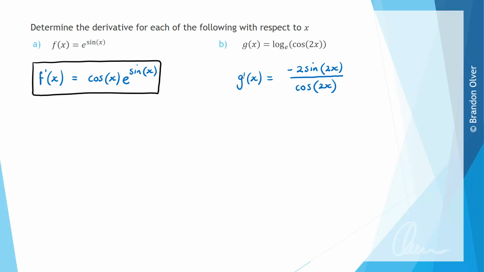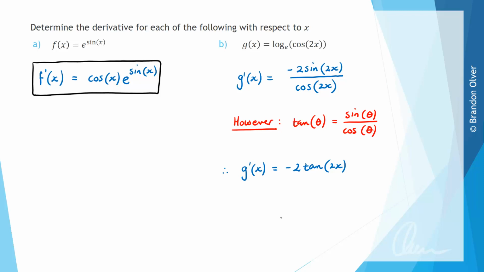So that gives us the derivative g dashed of x is minus 2 sine of 2x over cos of 2x. However, we know that tan of theta is simply the ratio of sine of theta divided by cos of theta. So therefore our derivative here, g dashed of x, can actually be expressed as minus 2, and sine of 2x on cos of 2x can be written as tan of 2x. So that is the answer for part B of this example.